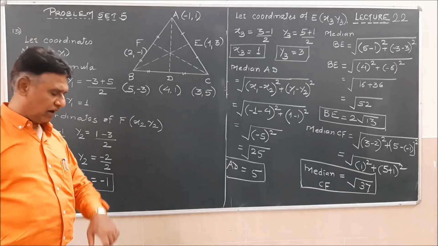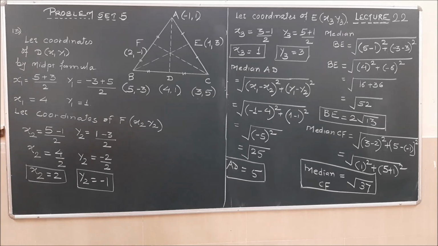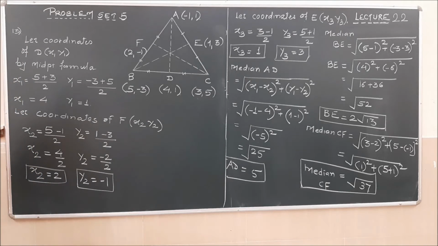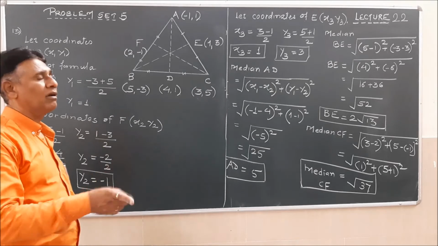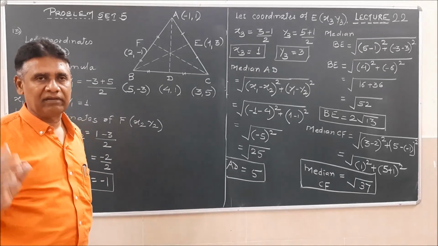So this is how you will find sum number 13 gets over here. Let's have a look once again at this one. Very important that they have not given us the coordinates of the midpoints. That is very, very important.